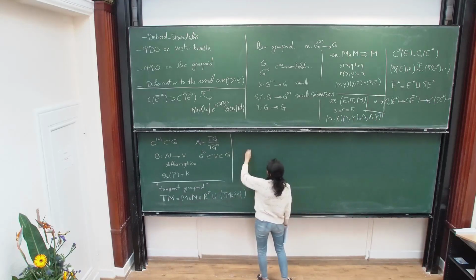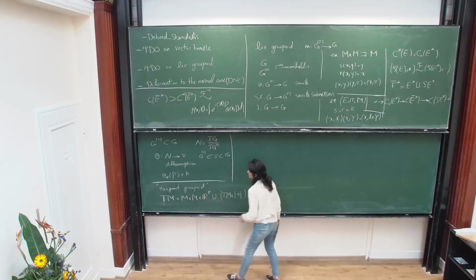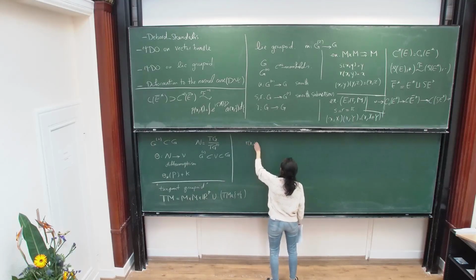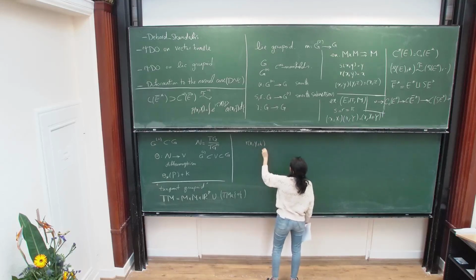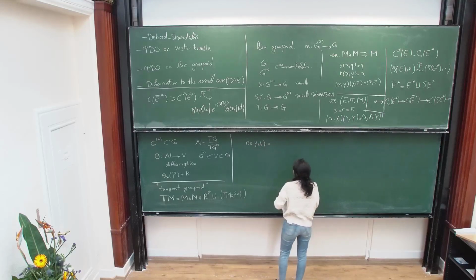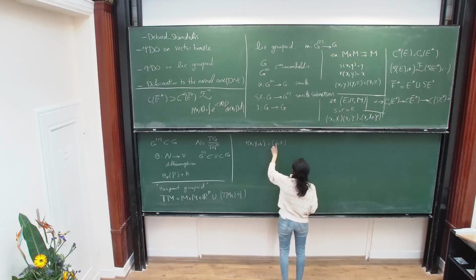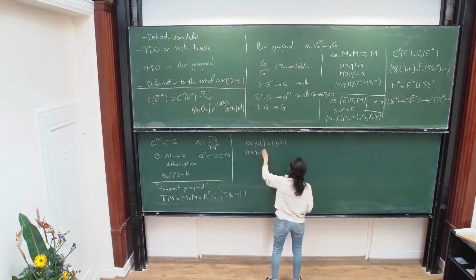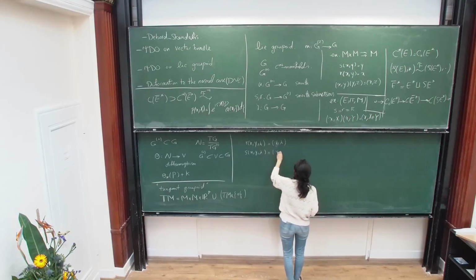In the first part, I have the range of (x, y, lambda) equal to (x, lambda), and the source of (x, y, lambda) equal to (y, lambda).